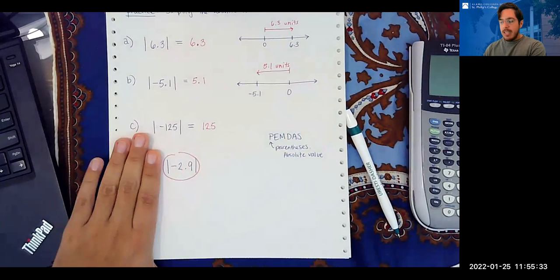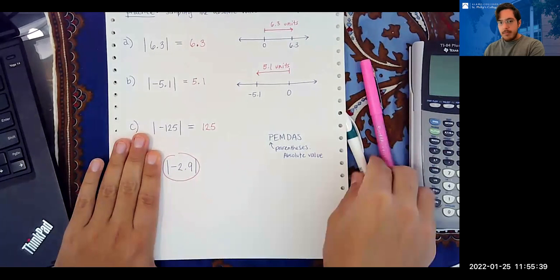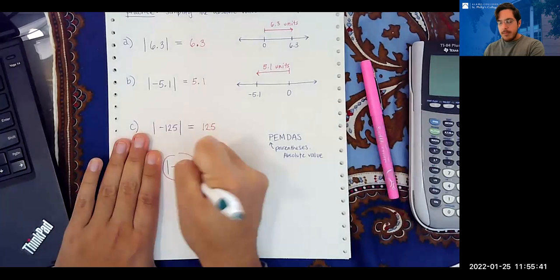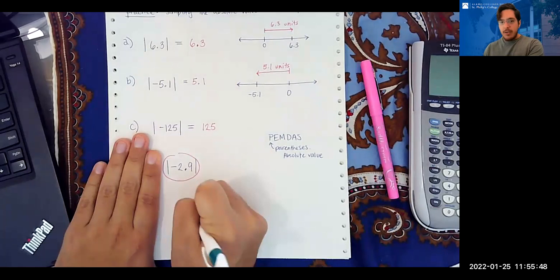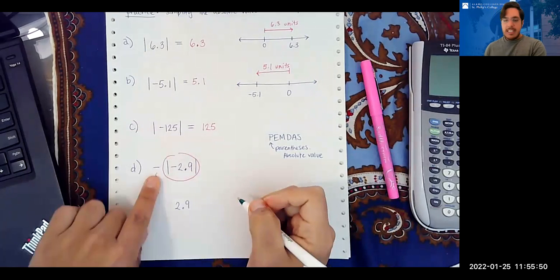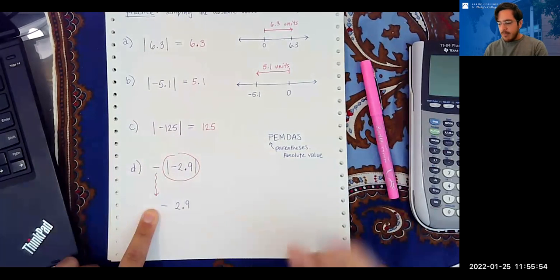And can somebody tell me what the absolute value of negative 2.9 is? Positive. Yes, it's positive 2.9. But because we still have this negative sign on the outside, we just have to keep it. And so that will be the answer.